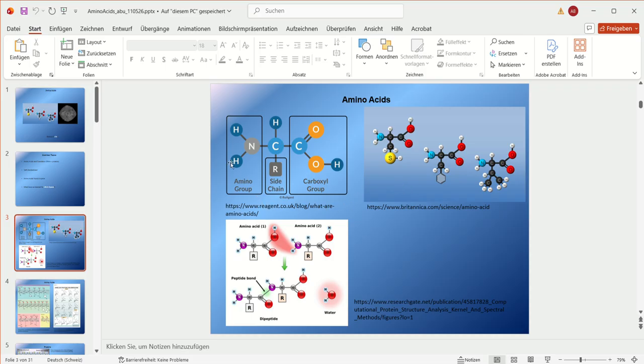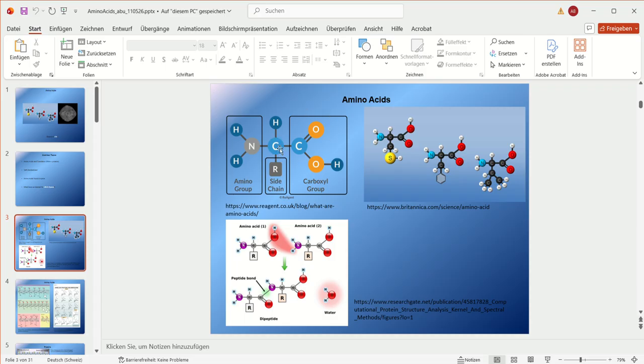They are relatively short molecules consisting of an amino group, which is a nitrogen and 2 hydrogens. It looks a bit like the head of an ant or something. And then they have a carboxyl group, which is considered the end. Carboxyl group means it's like an acid. This part is the acid part. So amino and acid.